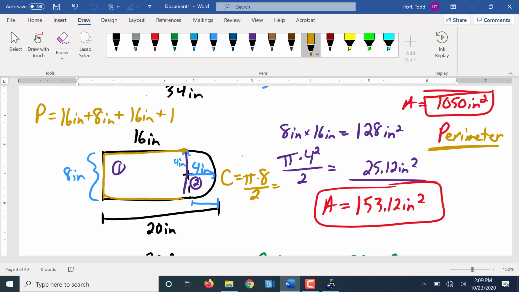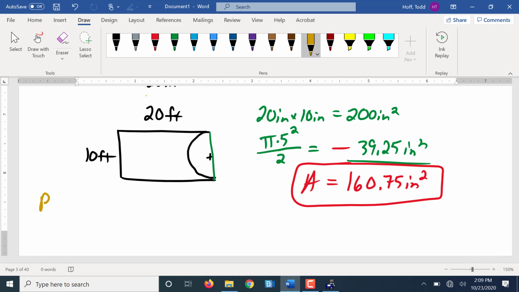I was thinking 12.56. Pi times 8 divided by 2. 12.56, good. So what does that add up to? Is that 52.56? So there's our perimeter.